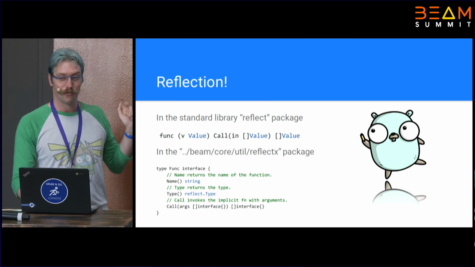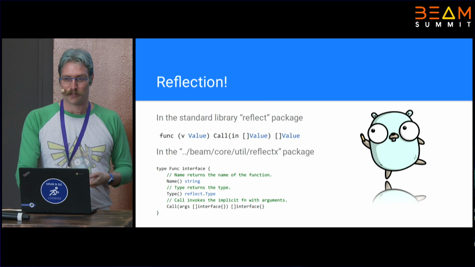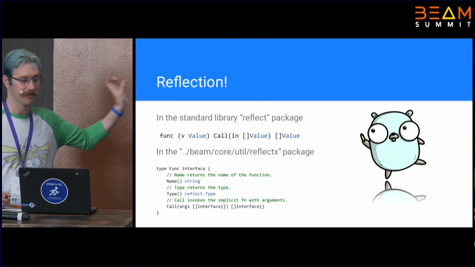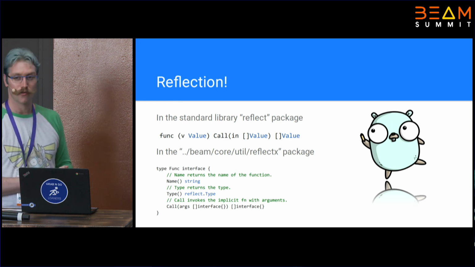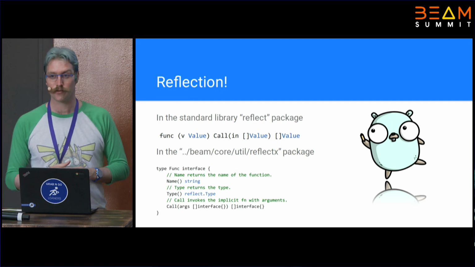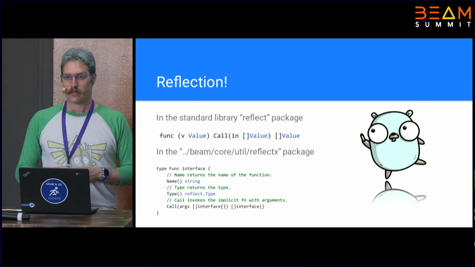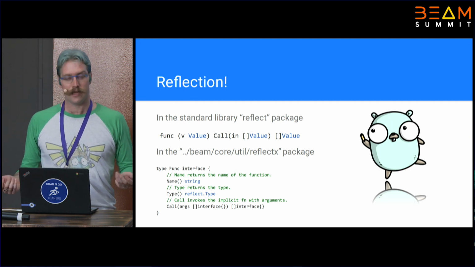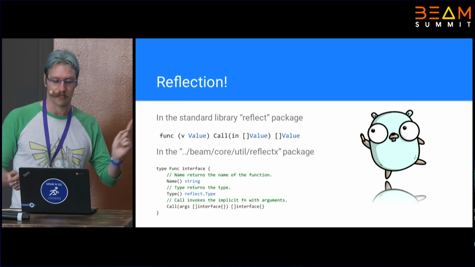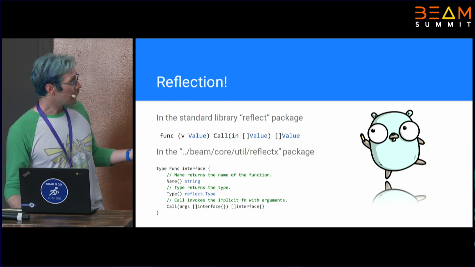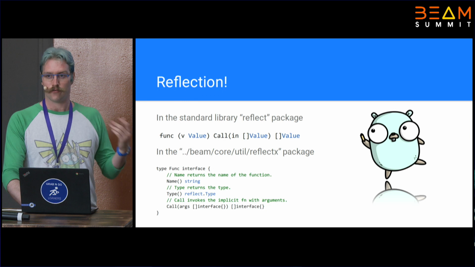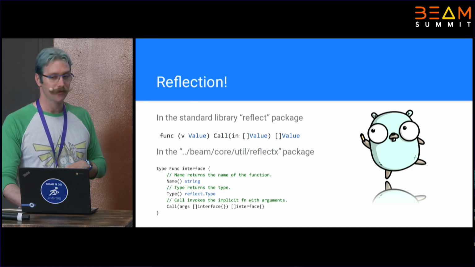As you can see, to use the reflect package call, you need to convert all the inputs into reflect.Values and pass them as a slice into the call, and then you receive all the outputs out as a slice of values. This means that whenever you're using reflection for the Go SDK, anytime you haven't done anything differently, which I'll get to in a second, you need to pay the overhead of converting everything to reflect.Values.